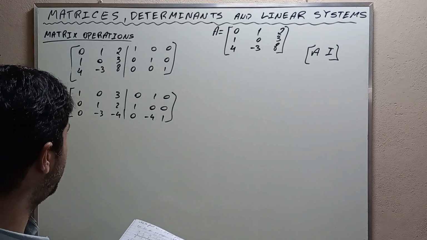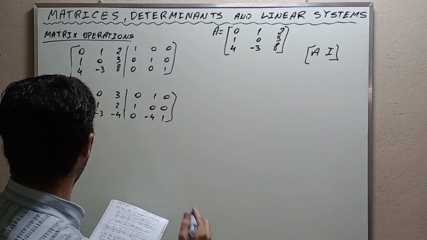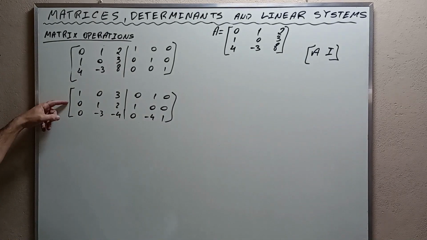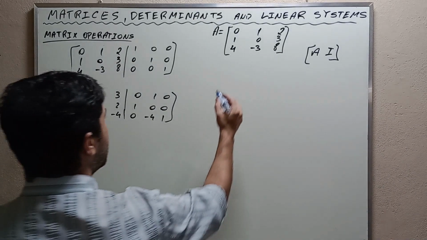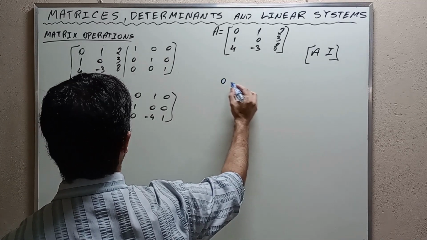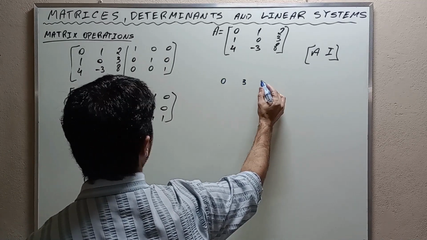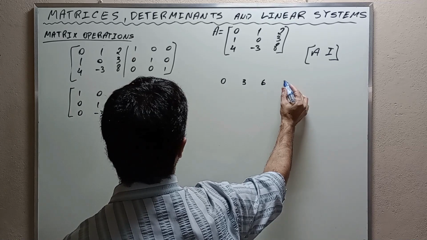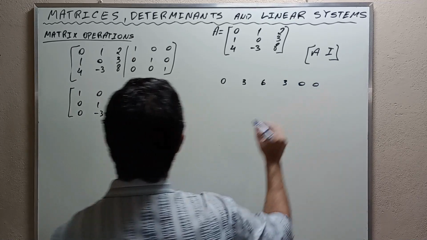We are going to multiply row 2 by 3. It becomes 0, 3, 6, 3, 0, and 0.